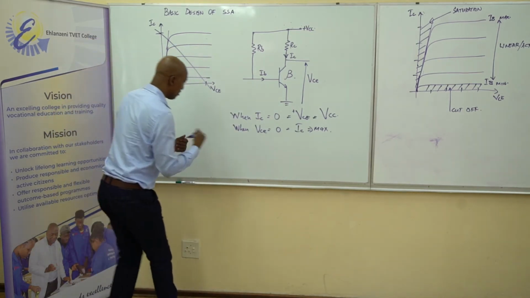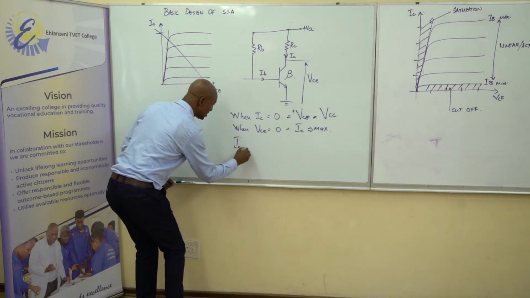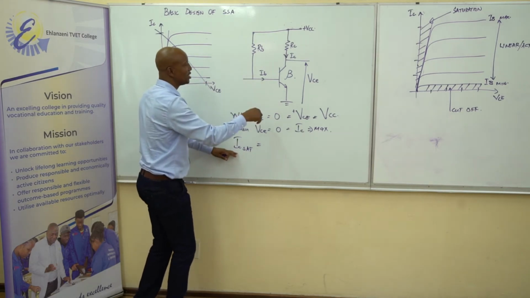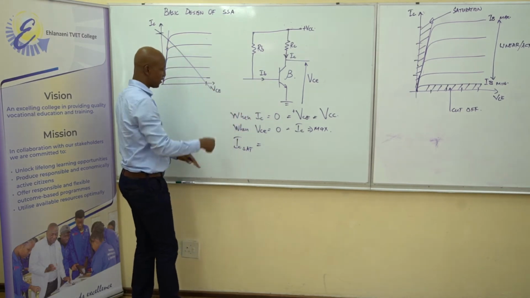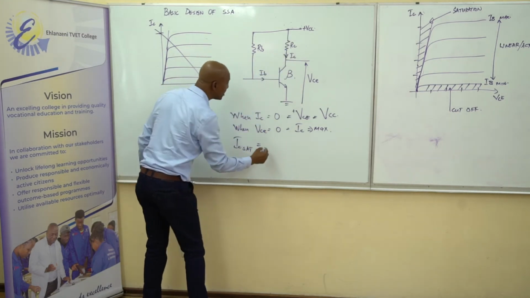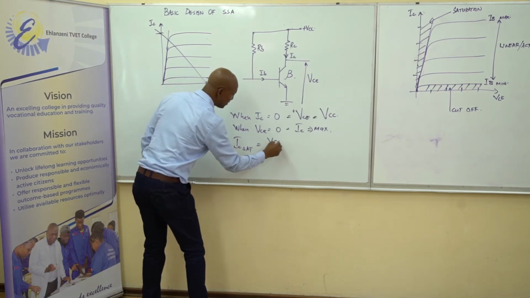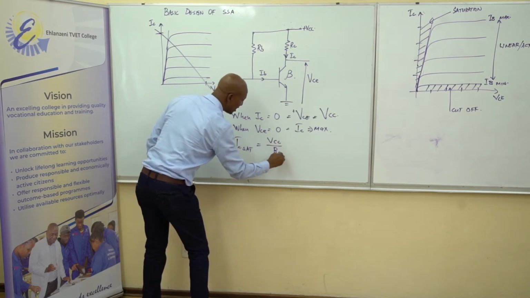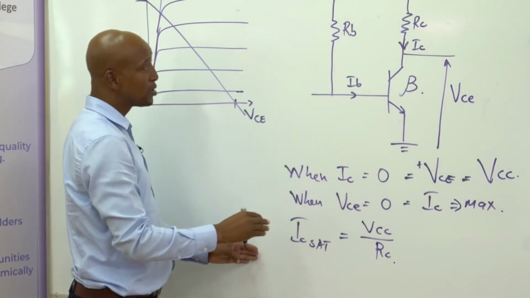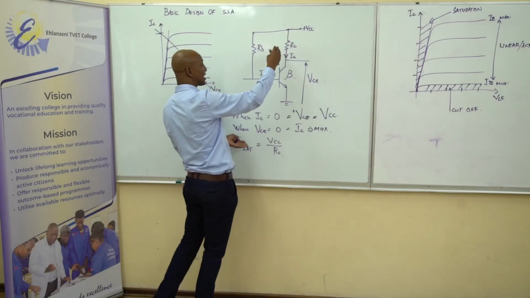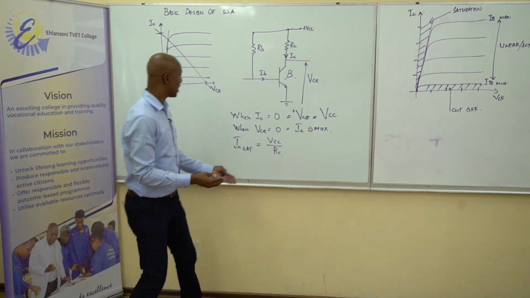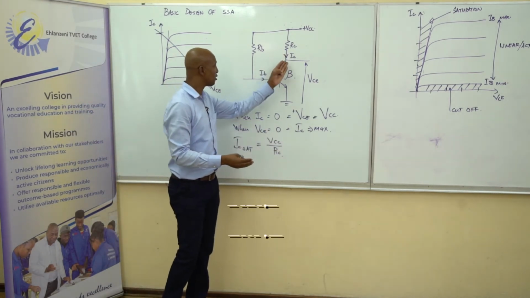To find IC saturation, IC maximum, so that we don't drive our transistor beyond its value under amplification, the current that shall flow maximally is given by VCC over RC. So the first step is to identify the maximum current that will be permissible in the collector terminal, which is given by the supply voltage VCC over RC.